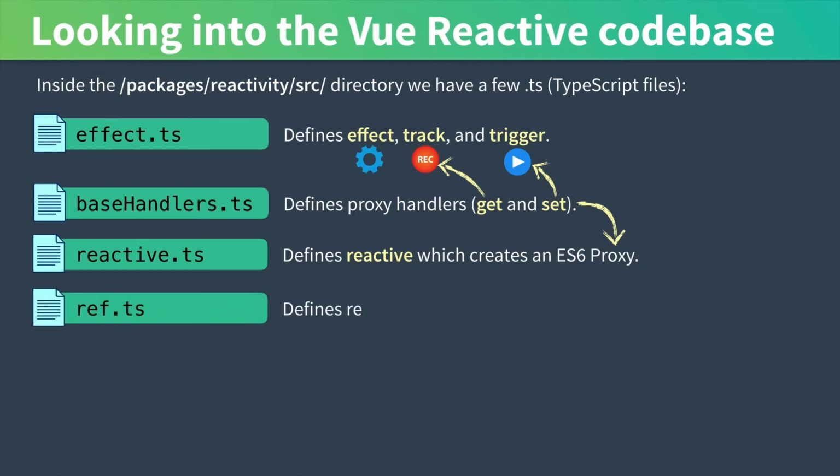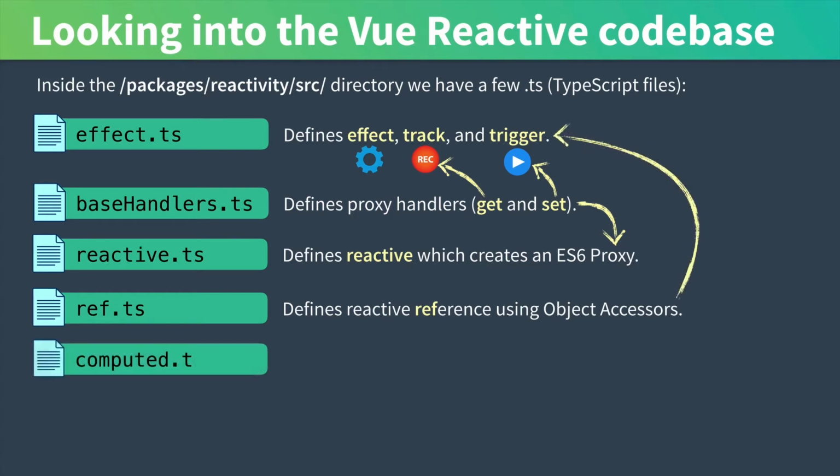Then we have ref.ts, which defines reactive reference using object accessors, just like we did, which call track and trigger. And finally, there's computed.ts, which defines computed a little differently than we did using object accessors, but it uses effect and it also returns a ref-like object.